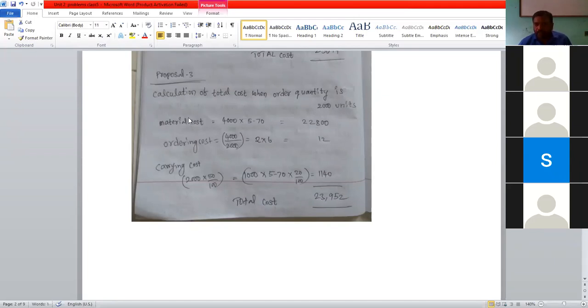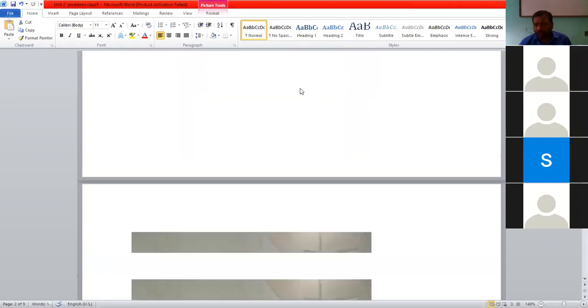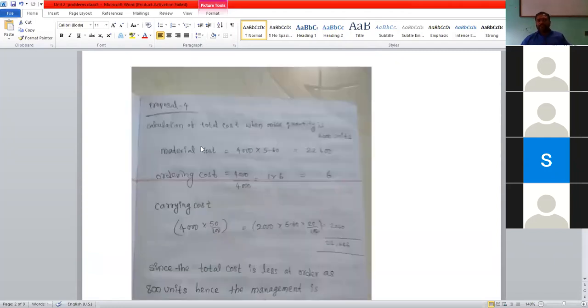Now the proposal, fourth one, for 4,000 units at 5 rupees 60 paise, we need to calculate again the total cost. So here the calculation of total cost when order quantity is 4,000 units.